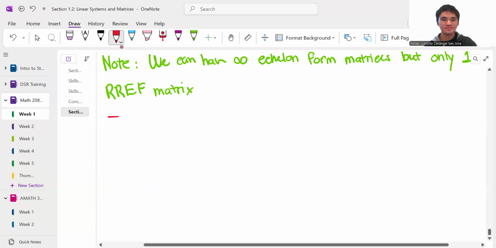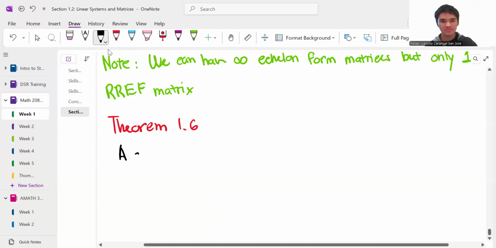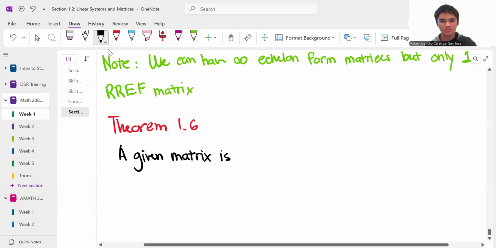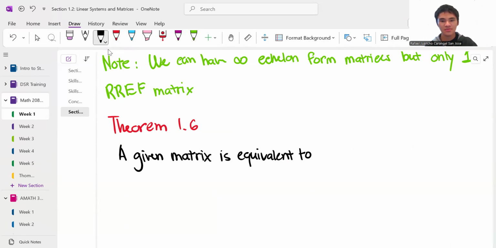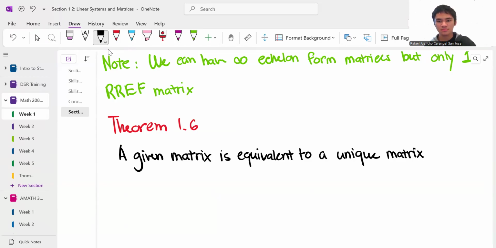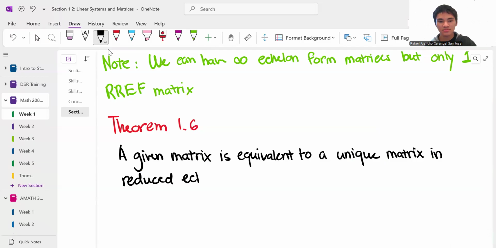Okay, here we have a theorem. We say a given matrix is equivalent to a unique matrix in reduced echelon form.